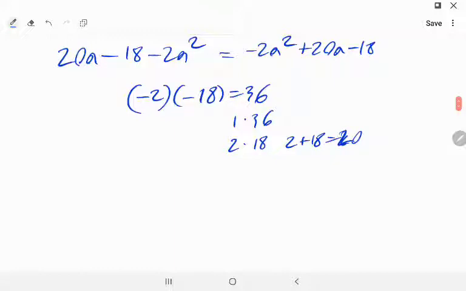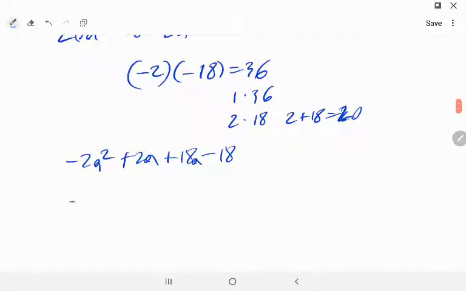So we get negative 2a squared plus 2a plus 18a minus 18, and so we can pull out a negative 2a, which leaves behind a minus 1, plus 18 times the quantity a minus 1.